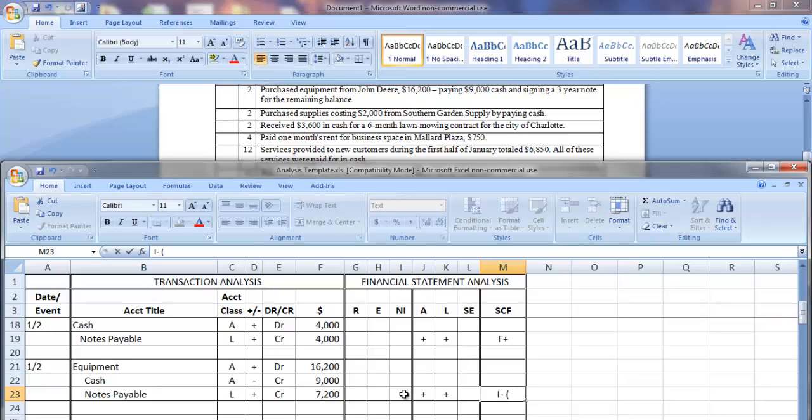You might want to note for situations like this how much was involved. If you're putting together your statement of cash flows and you're going back through looking at these transactions, you don't want to mistakenly indicate that's a $16,200 cash flow, because the cash portion was only $9,000. So that's why I denoted $9,000 right here.